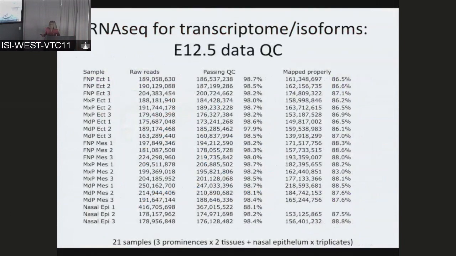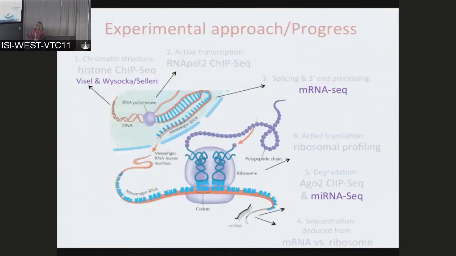And so in terms of the transcriptome, the RNA-seq, we're starting with the E12.5 data because that's when the prominence is largest and it's easiest to get the tissue.